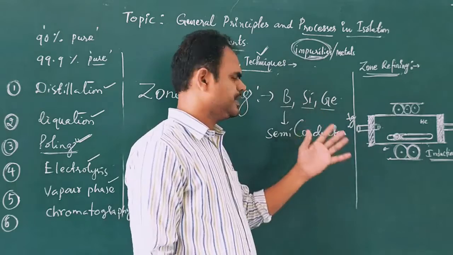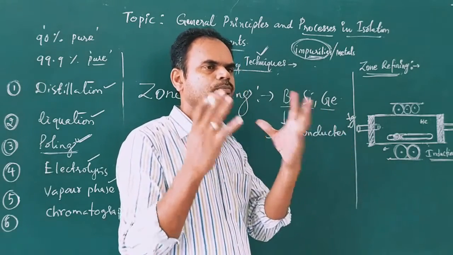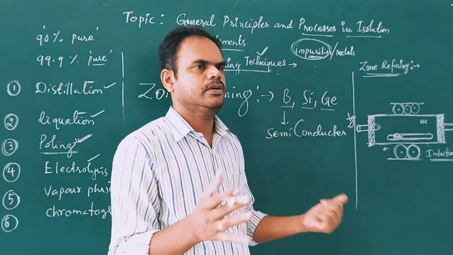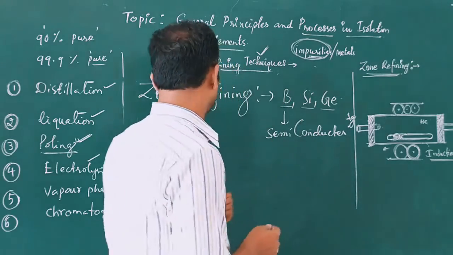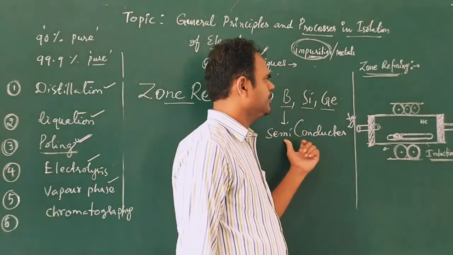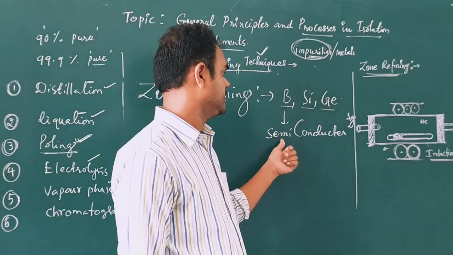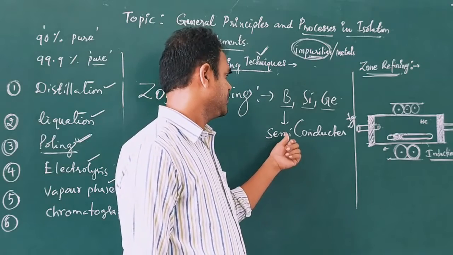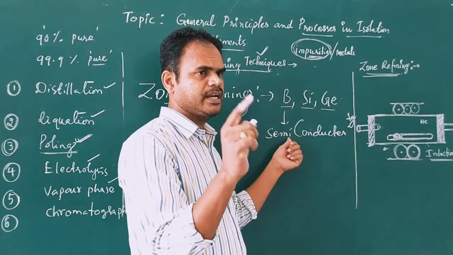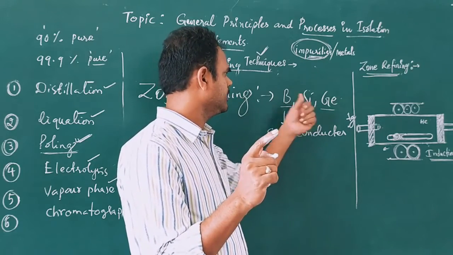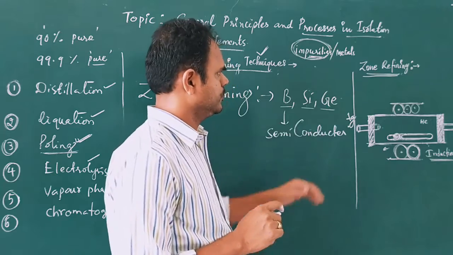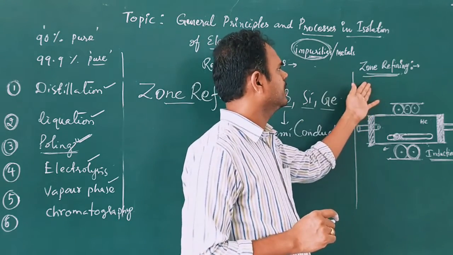These elements' importance is growing, and nowadays without these elements our life is not that easy. If you want pure semiconductor, boron, silicon and germanium, we must use the zone refining technique.